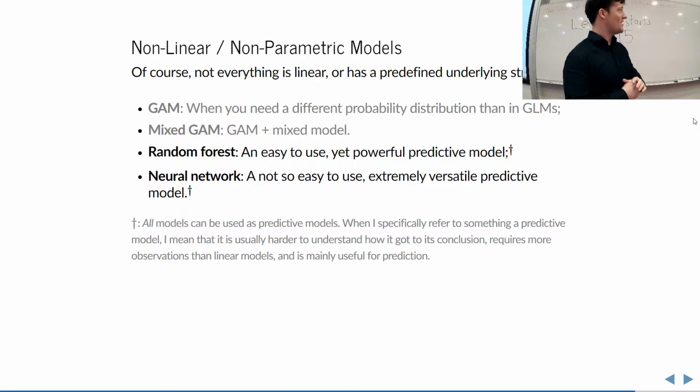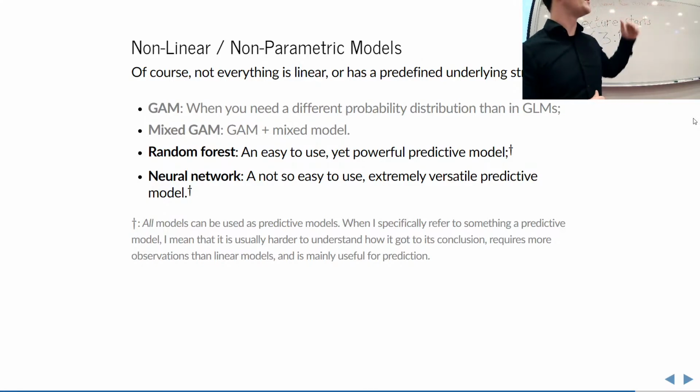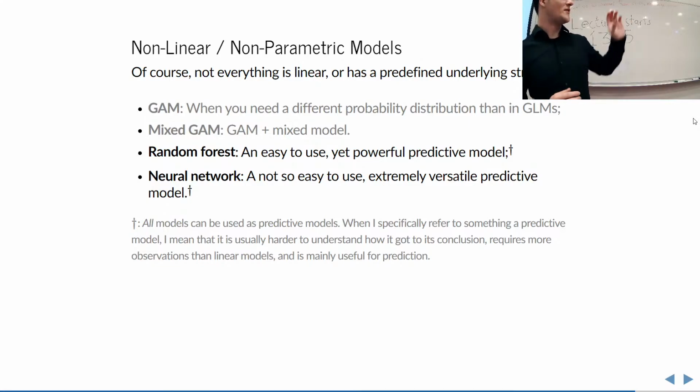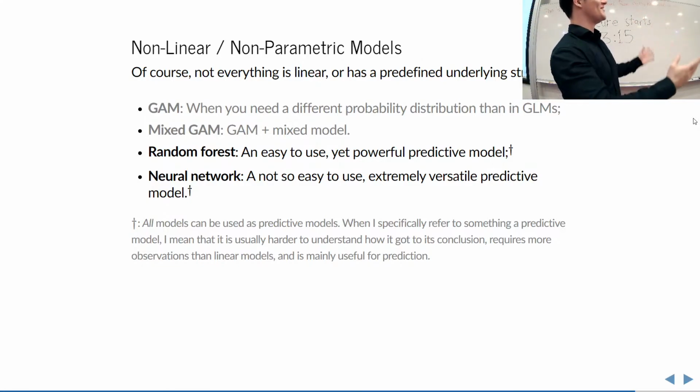So a generalized additive model is a large sum of the same model again and again. It tries to find different combinations to get to its conclusion, and it allows for many more distributions than the ones I just talked about. So it's very useful, but not part of the course. That one is non-parametric. It has no pre-specified form. That's what non-parametric means.